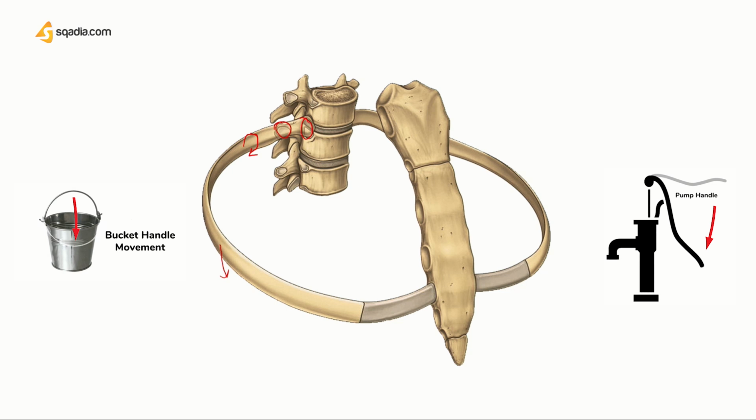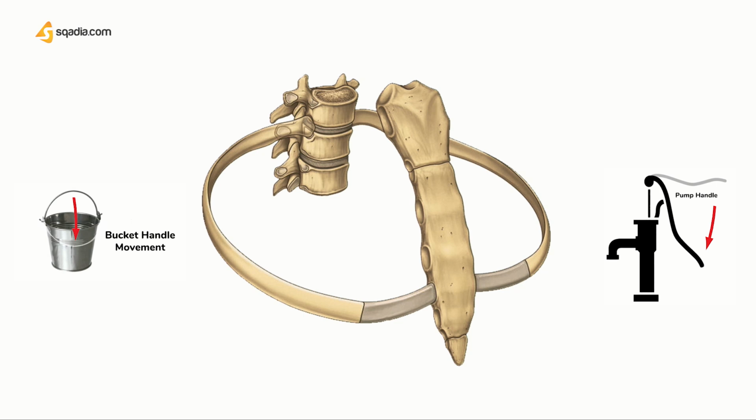This decreases the transverse diameter, making it easy for the air to come out. As the pressure increases inside, the air moves out of the airways. And in the same way, the lever movements of the sternum now move downwards. This causes the reduction in the size of the chest cavity.